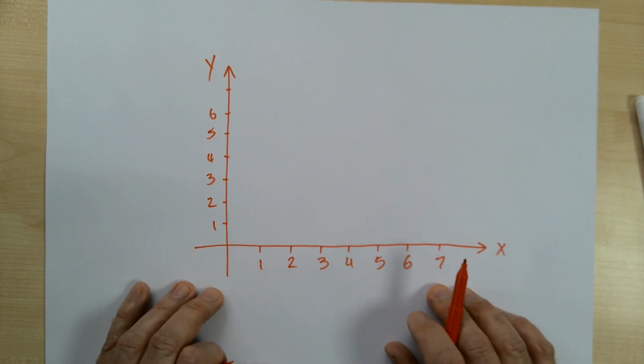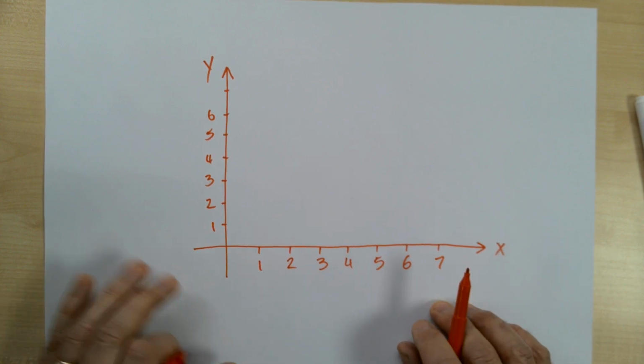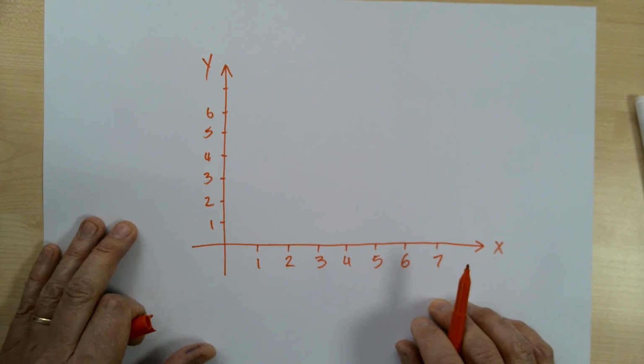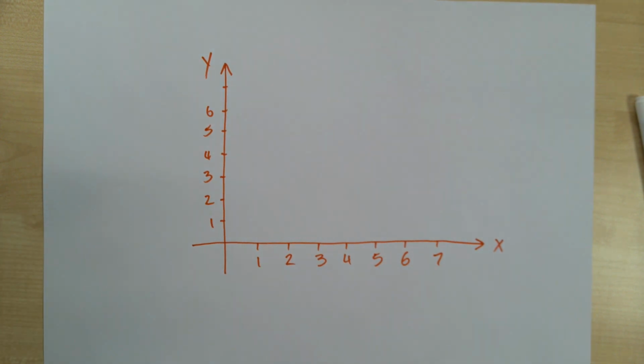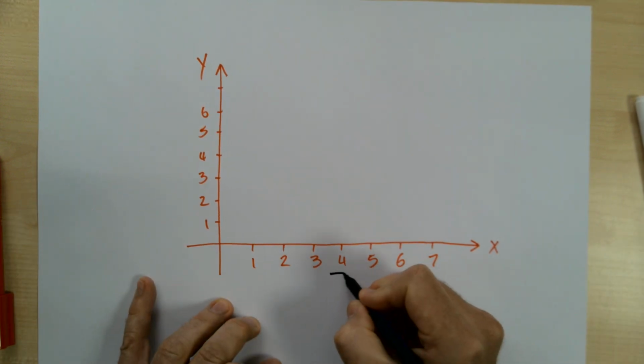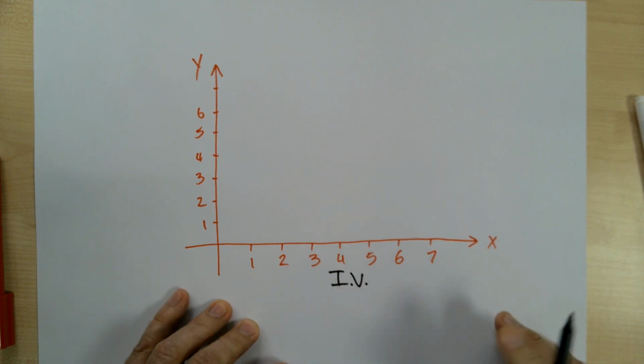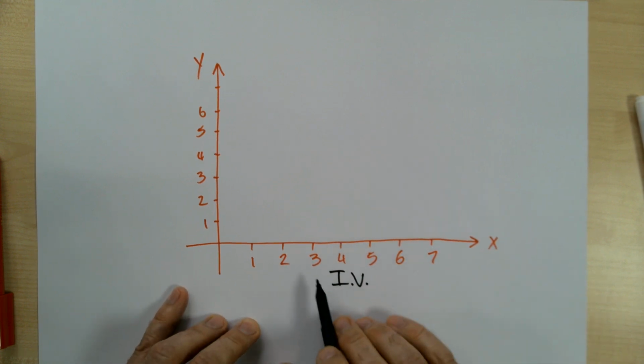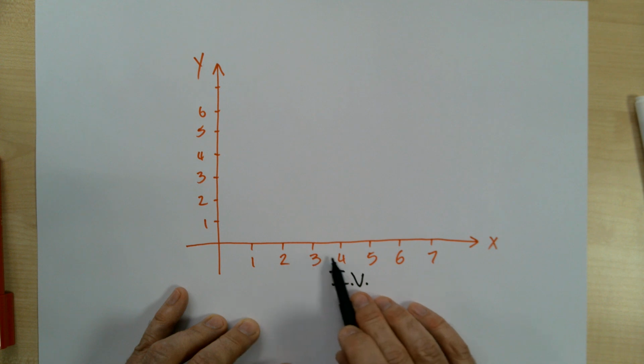We can use this to plot the independent variable and dependent variable. Here are the rules. Your independent variable always, every single time, goes on that axis there. So you're going to plot the independent variable along this axis.